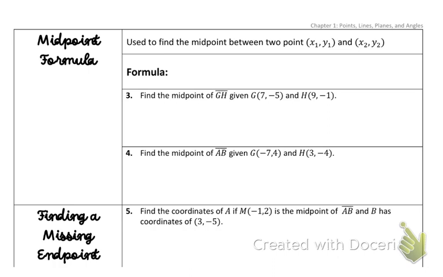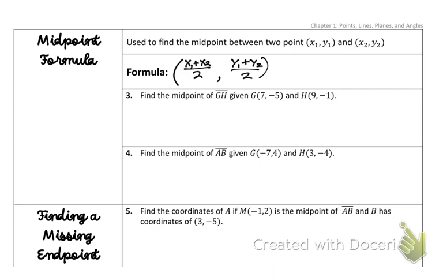To get the midpoint formula, all we have to do is find the midpoint of our x values and the midpoint of our y values, and we have our midpoint on the xy plane. So we'll take our 2 x values, add them and divide by 2. You're finding the average of your x values. Then we'll find the average of our y values, and you're done.